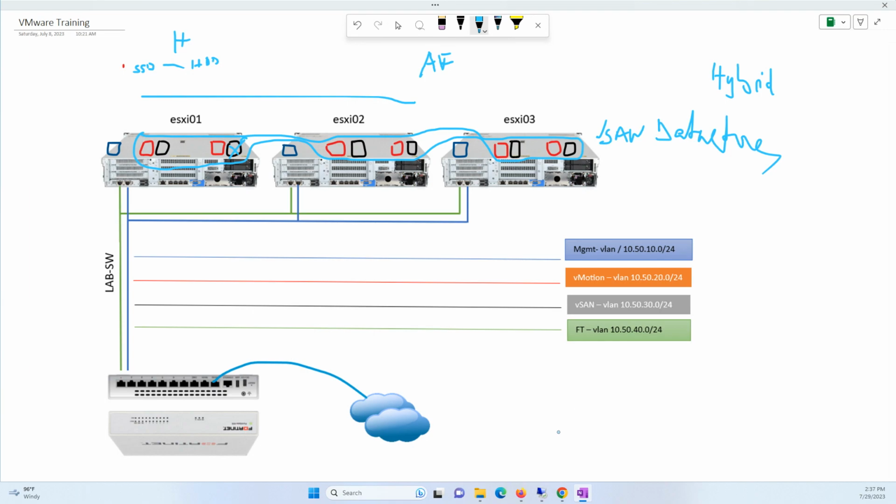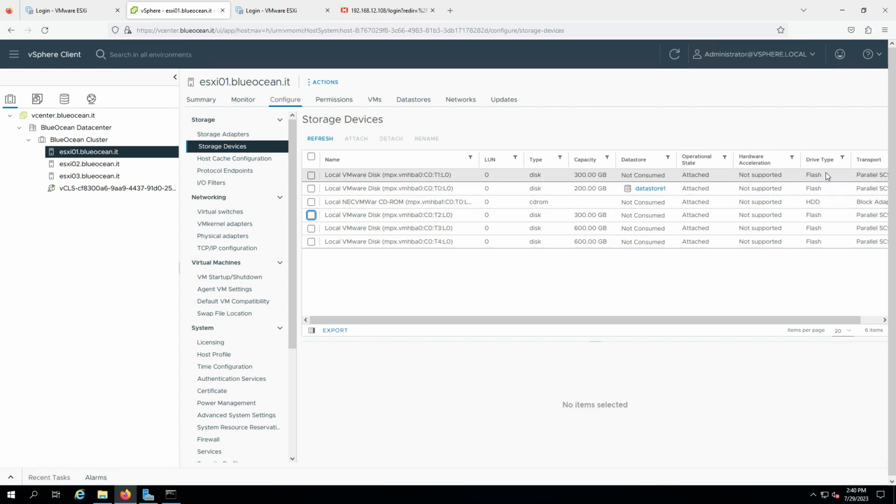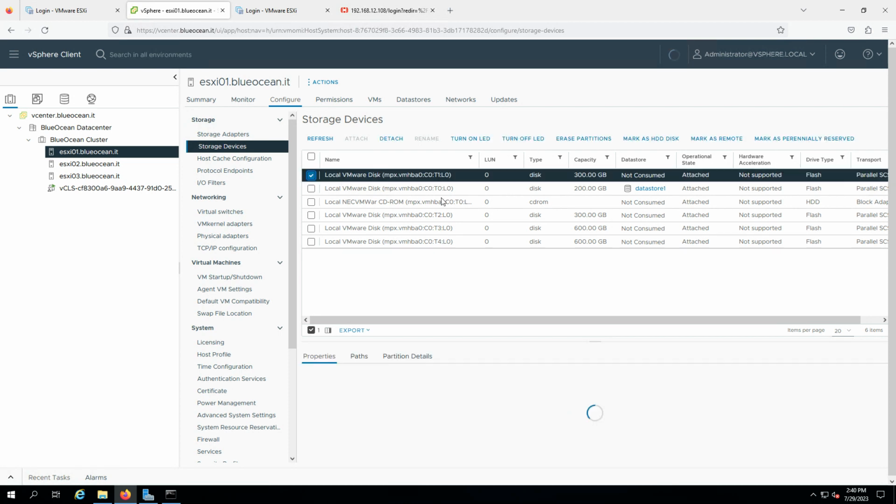Okay, now if you go to the devices, you see all my disks. The type of disk is flash. When it is SSD, it is a flash disk. I can turn on the LED, for example, if I want to go physically to my server to see which disk it is.